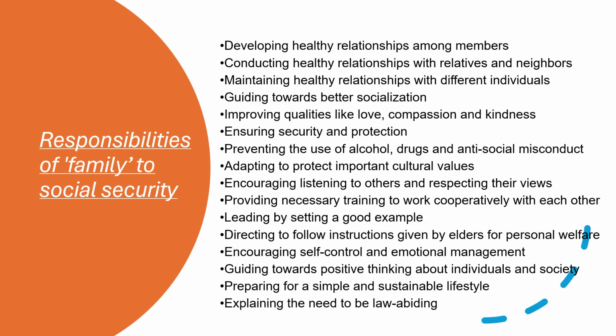Anyway, let's read them. First, we have developing healthy relationships among members. Before I start, first of all, you do not need to study all of these. I wrote 20 of them, I think. At maximum, I think you should study at least 5 or something.